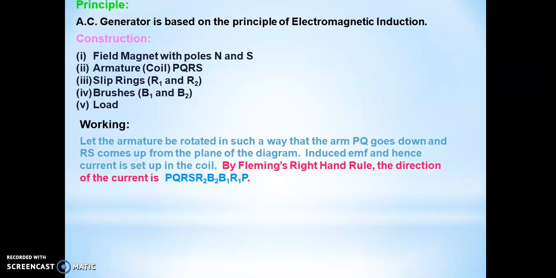Let the armature be rotated in such a way that PQ goes down and RS comes up, which induces EMF, and hence current is set up. By application of Fleming's right hand rule, the direction of current is PQRS R2 B2 B1 R1 P.